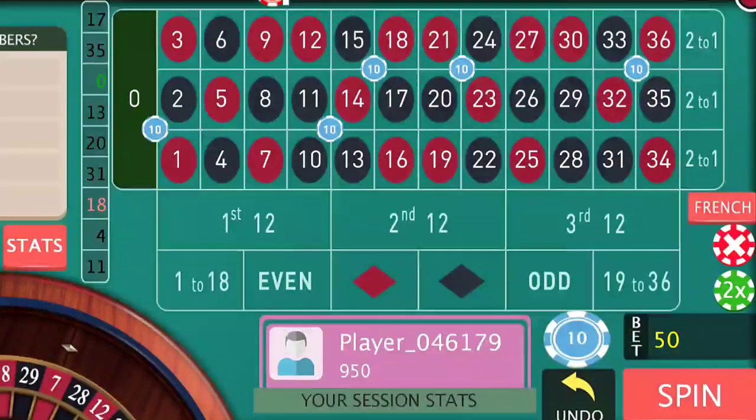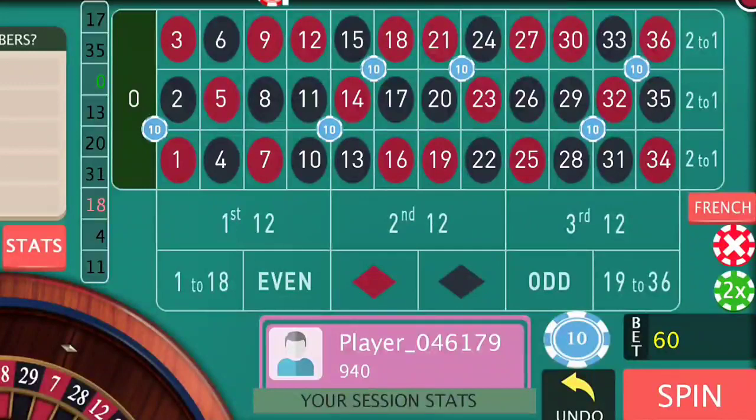I have put 5 bets, but I have actually covered only 18 numbers. It's okay to cover 18 numbers, or I can go with 20 by putting a bet over here. Now I have covered 21 numbers, so this will be fine.